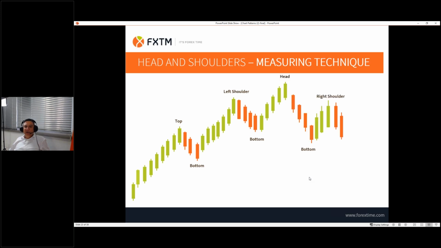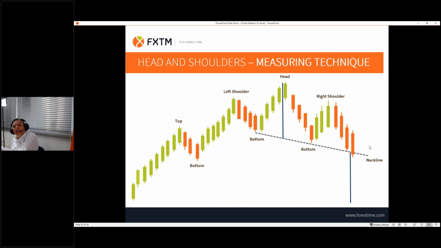Measuring technique again. What is that? Look at that. You see, again, head and shoulders, head, left shoulder, right shoulder. But by connecting the two bottoms, you see that this neckline is not straight, is not horizontal, has an inclination, a slope, a downwards slope.